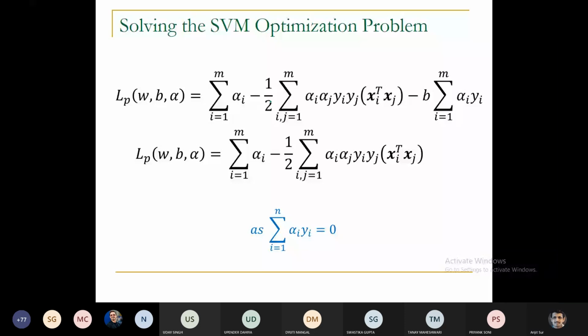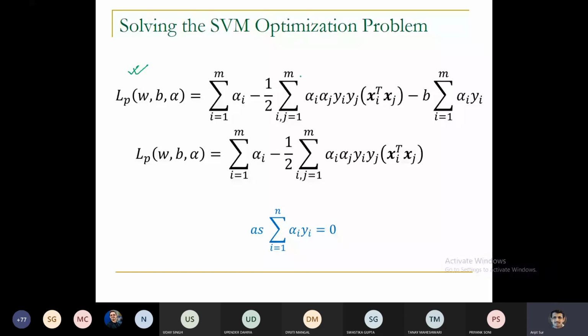Then minus half, summation i equals 1 to n, j equals 1 to n, alpha_i alpha_j y_i y_j x_i transpose x_j. And minus b times the summation i equals 1 to m of alpha_i y_i. So this is basically our Lagrangian formulation, the dual formulation.